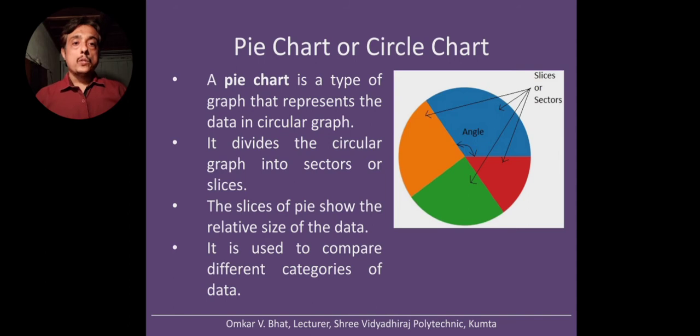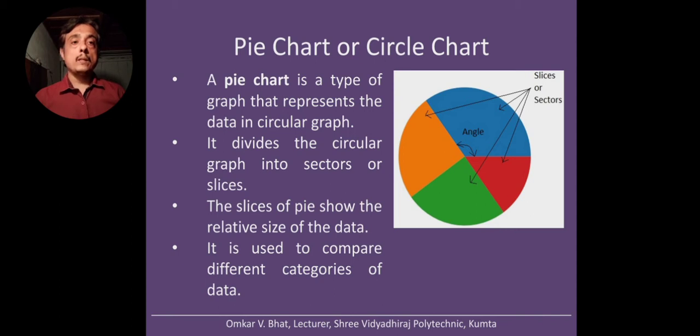So it is used to compare different categories of data. Pie chart is used to compare different categories of data. So we know that bar graph is also used to compare different categories of data. So both pie chart and bar graph are used to compare different categories of data.